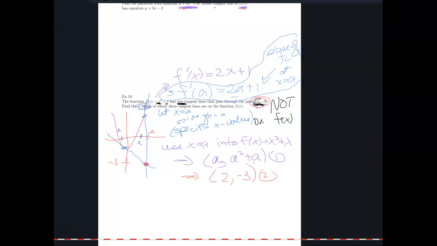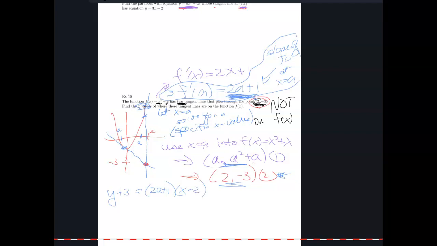So I have a slope and a point. I think with one of the slopes and one of the points, I can put together an equation of a line, right? So I'm going to use this point and this slope. So I'd have y plus 3 is equal to 2a plus 1 times x minus 2, right?